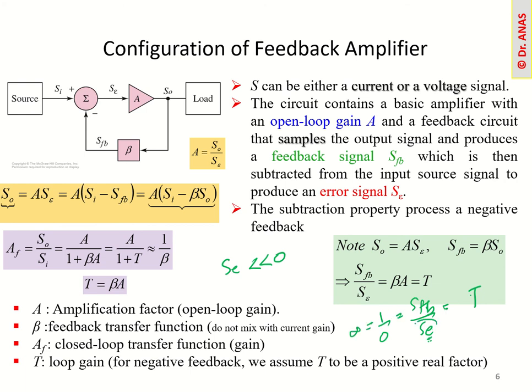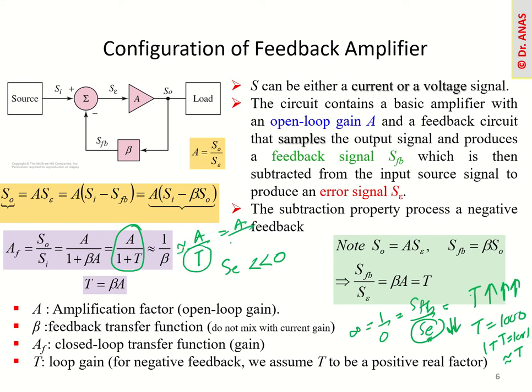So if the error is very small, T will be very large. For example, T is 1000, so 1 plus T will be 1001, approximately equal to T. So this equation can be simplified to A over T only.